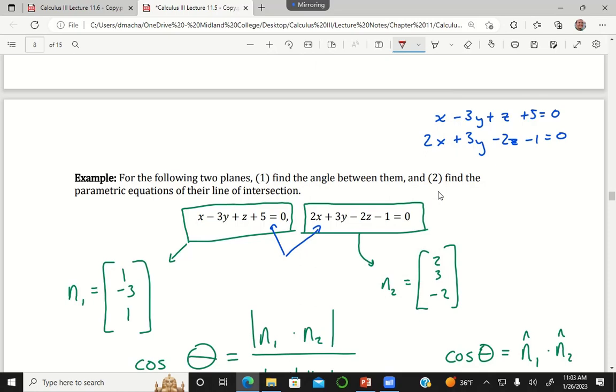I'm just going to add the first equation to the second equation and see what I get. So x plus 2x is going to give me 3x. Negative 3y plus 3y is going to make that y variable disappear. That's why this is called elimination. And then z minus 2z is going to be minus z, and then 5 minus 1 is going to be plus 4 equals 0.